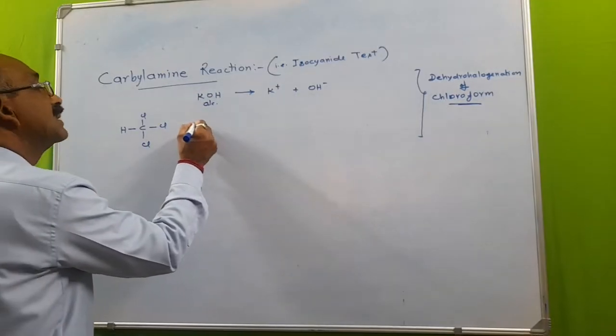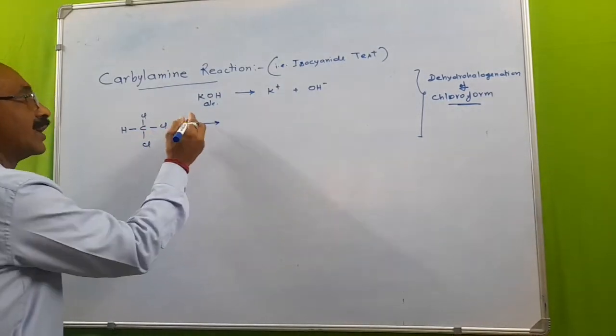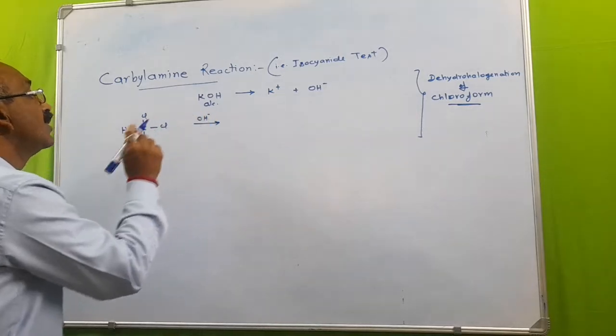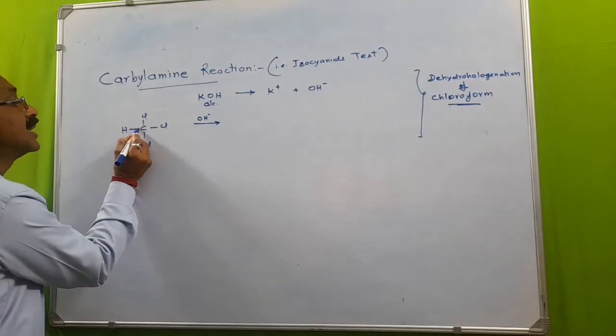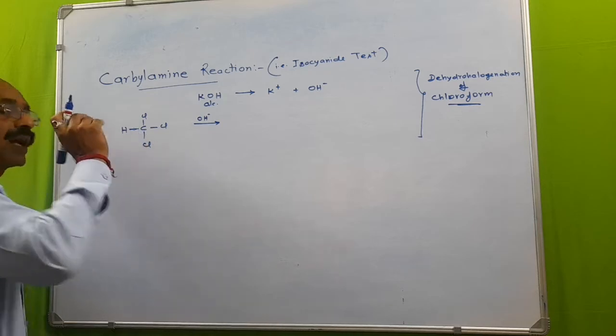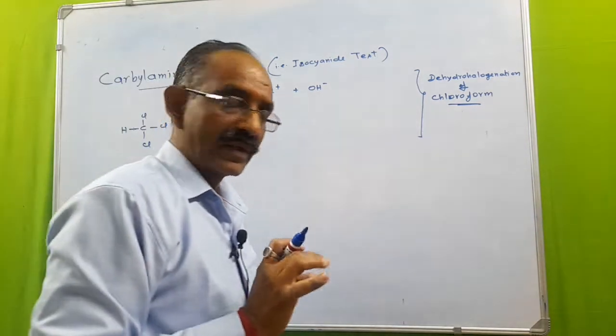Now here what happens? In the chloroform molecule, although we know the CH bond is non-polar, the shared pair of electrons is supposed to lie at the center.